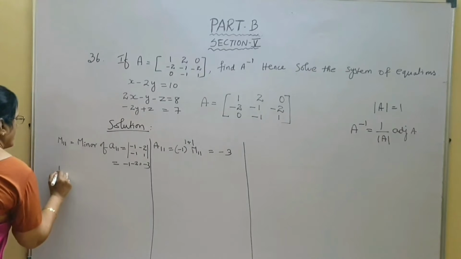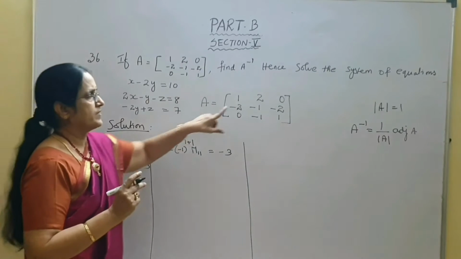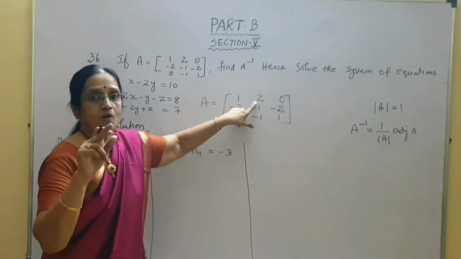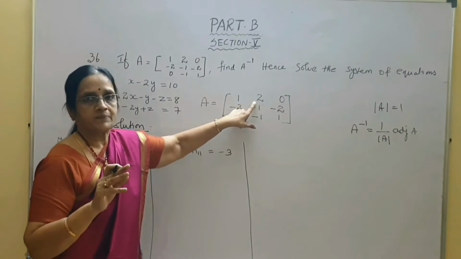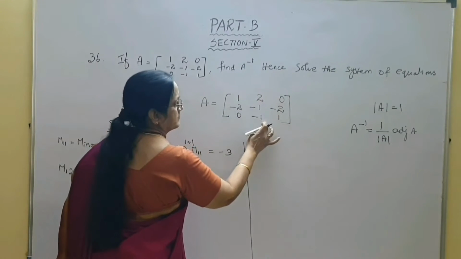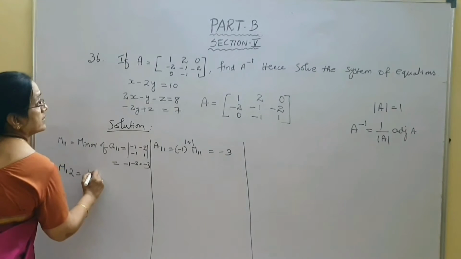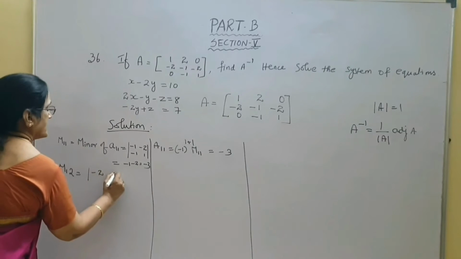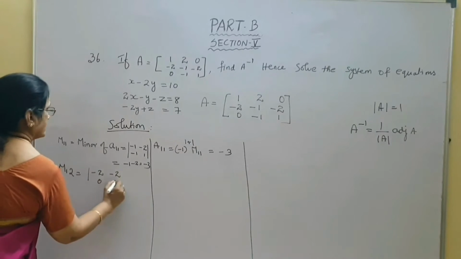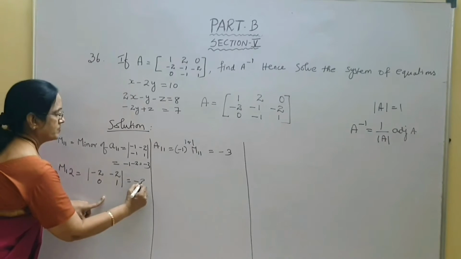Next, M12. M12 is the minor of the element small a12, which is 2 over here. So leaving the first row and the second column, you are left with determinant minus 2, 0, 1, which is going to be minus 2.